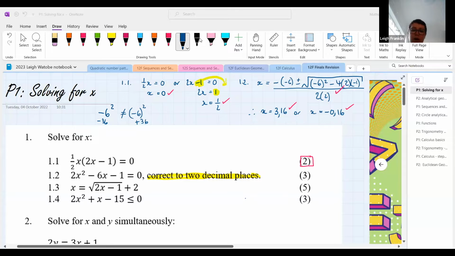But what I was trying to get at here, and so many people forget this, is that with this specific question, where you end up having to square both sides, what you've got to be careful of is that because you squared both sides, you may, and I'm trying to emphasize the word may, have introduced a root that is not valid.